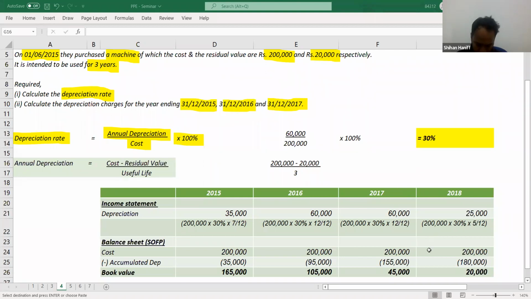Here the requirement is up to 2017, but I wanted to show how we calculate for 2018 as well. Okay, now let's move to the next question.